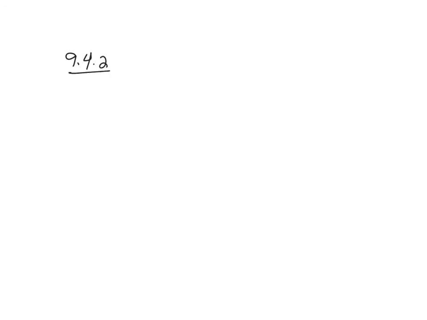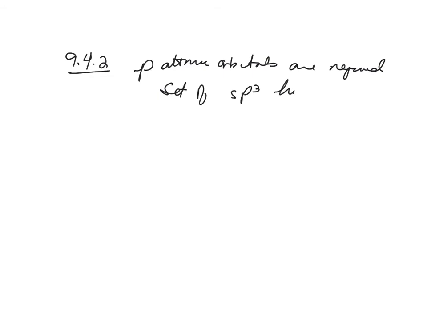Okay, let's go to the next one, 9.4.2. How many p atomic orbitals are required to generate a set of sp3 hybrid orbitals? Okay, so if we have sp3, let's go back to row number 2.